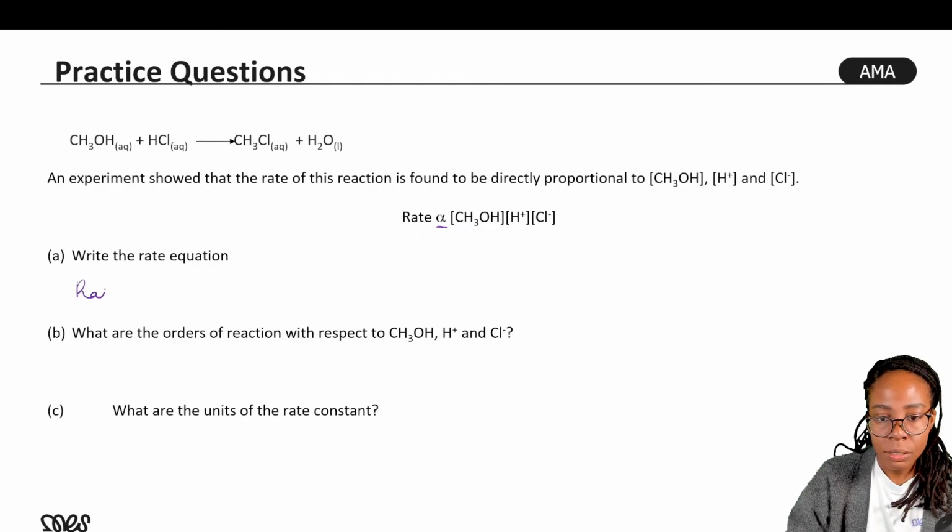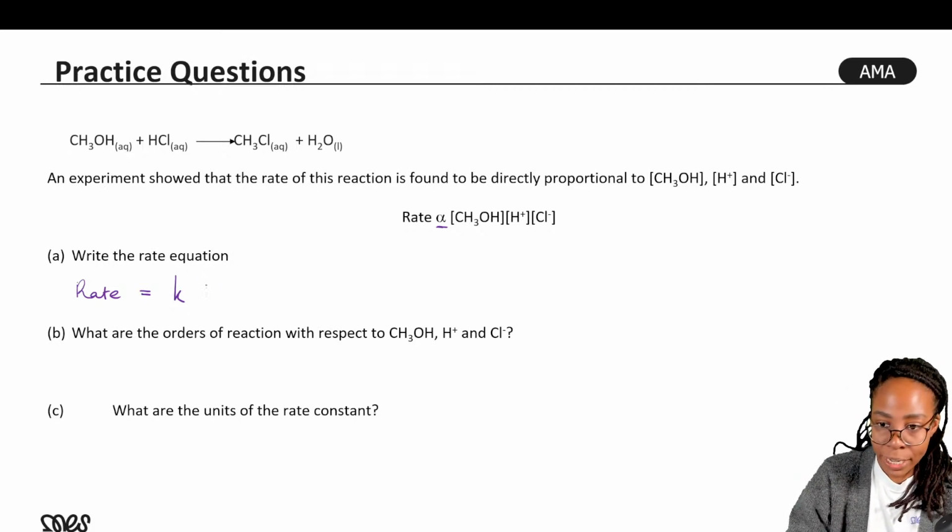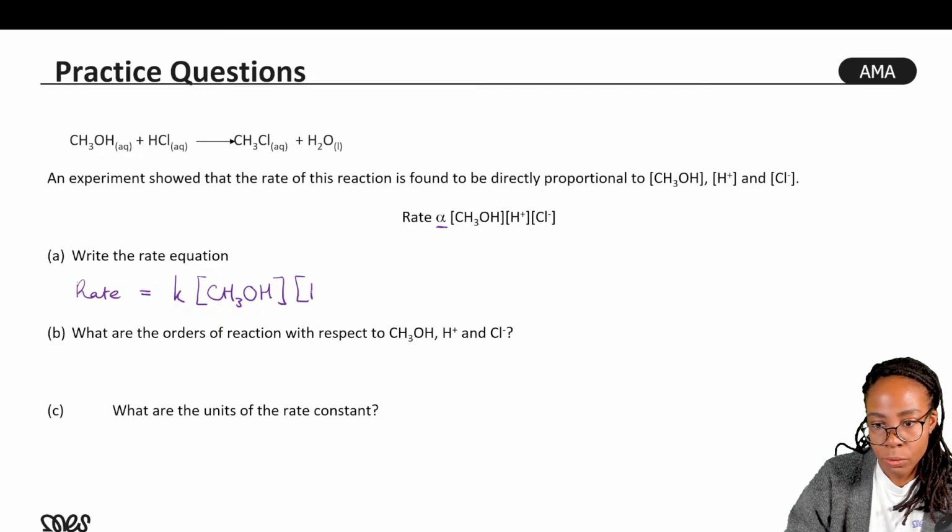So rate is equal to k, lowercase k, because uppercase K is an equilibrium constant, lowercase k is our rate constant, multiplied by our concentrations of each raised to the power of 1, which we don't need to write.